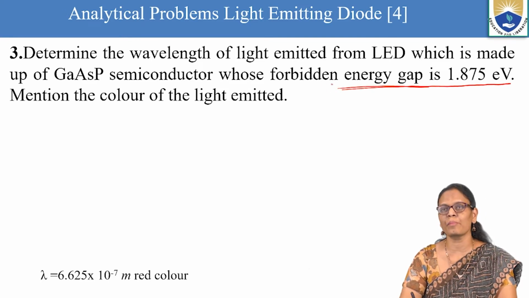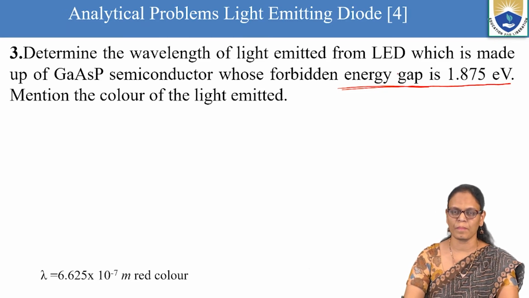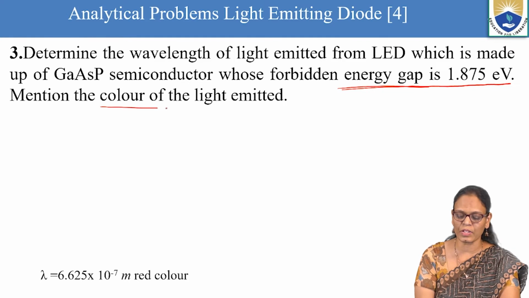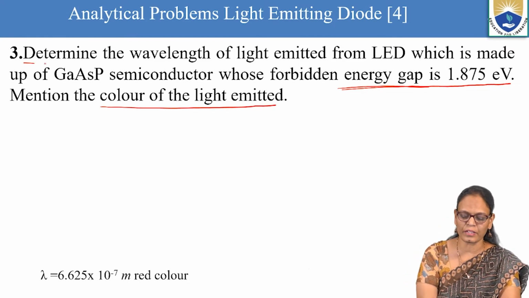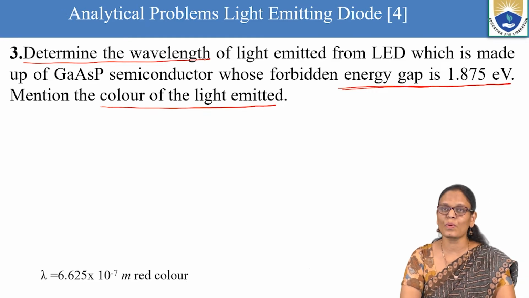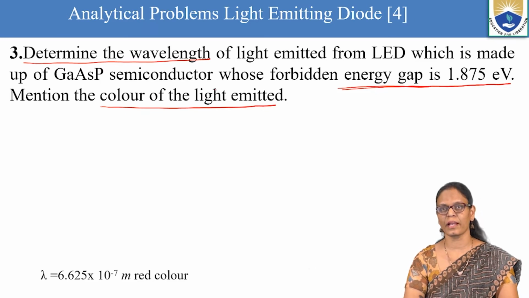Forbidden gap or forbidden energy gap means the energy gap Eg. Then mention the color of the light emitted. So what we have to find here is the wavelength. Once we calculate the wavelength, depending upon the wavelength, we can tell the color of the light that is emitted.